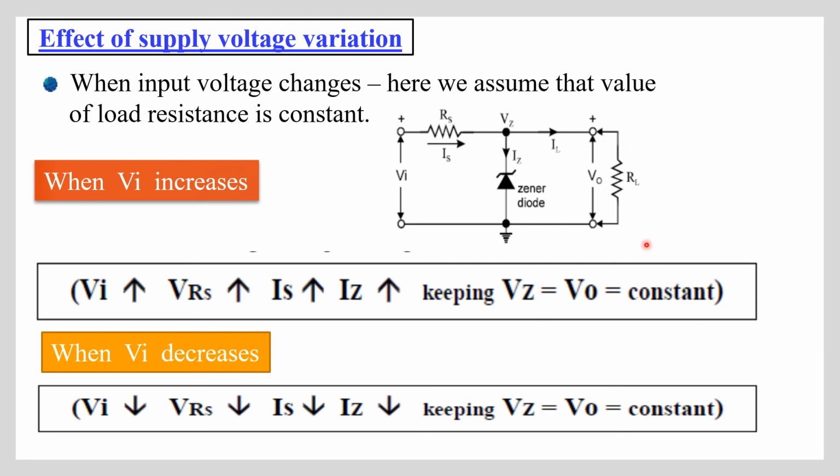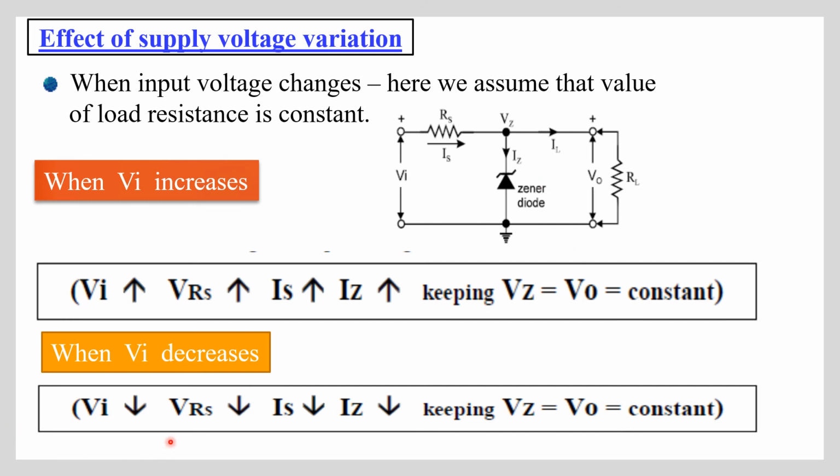So now when Vi decreases, if there is a decrease in the input voltage, the current Iz decreases and the voltage across Rs is reduced. The load current also remains constant. By keeping the load current constant, the output voltage will remain constant.